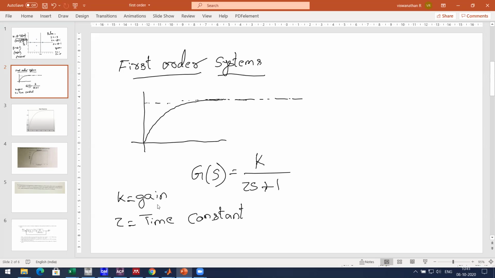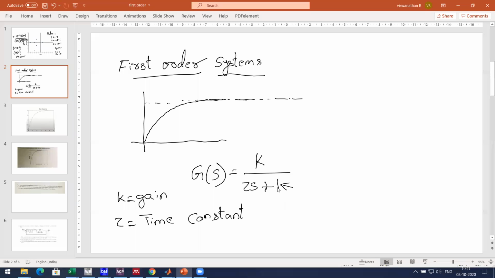So a first order system has gain and time constant, and these 2 things affect its response. Please make sure that you have 1 here. It must be of the form K divided by tau s plus 1 only. You should always have 1 after the plus sign.